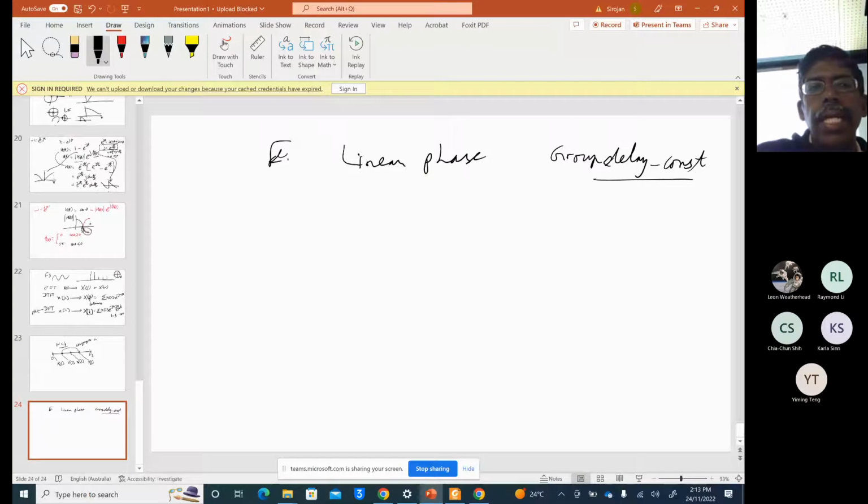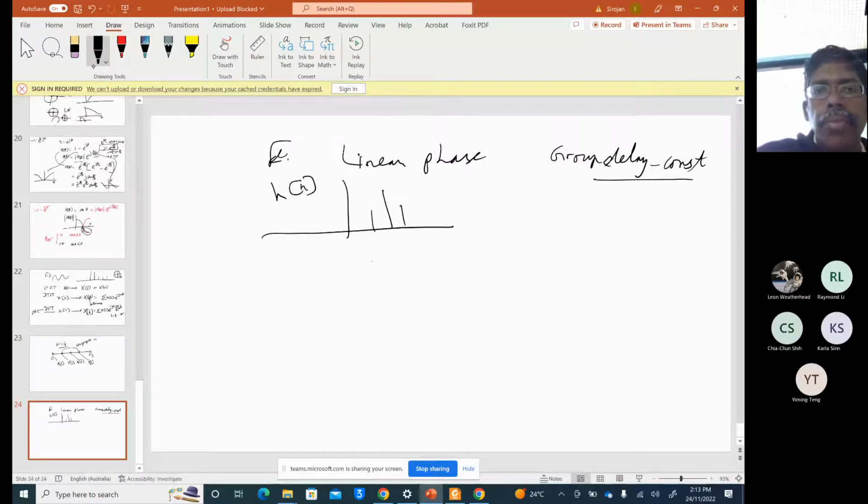So how do you check for linear phase filters? The impulse response has to be symmetric. So from h[n], you can find linear phase filters by impulse response symmetry. And from the pole zero diagram for linear phase filters, the zeros have to be reciprocal.